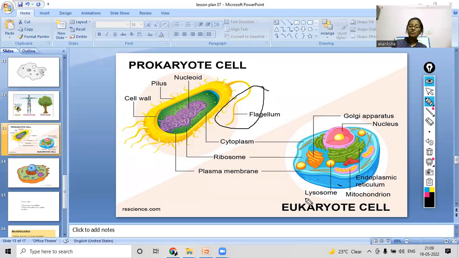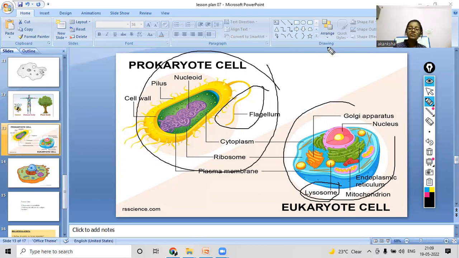Yes, lysosome is present in eukaryotes, whereas in prokaryotes it is not present. Different cell organelles are there in eukaryotic cells and in prokaryotic cells. And prokaryotic cells are usually unicellular, whereas eukaryotic cells are usually multicellular. So these are the main differences between them, right?